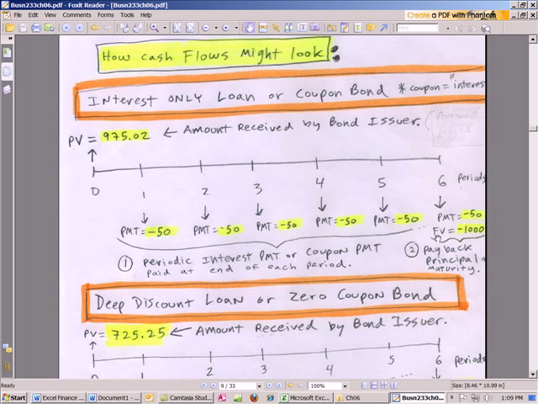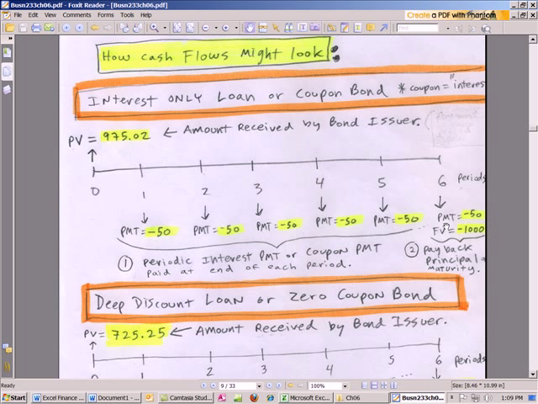And at the end, they have one final cash flow out, which is paying back the original amount. But the problem is, when you issue the loan, if the loan contract says I'm going to borrow 1,000, you very rarely get 1,000, and we'll talk about why later in this video. But just realize this is just cash flows.